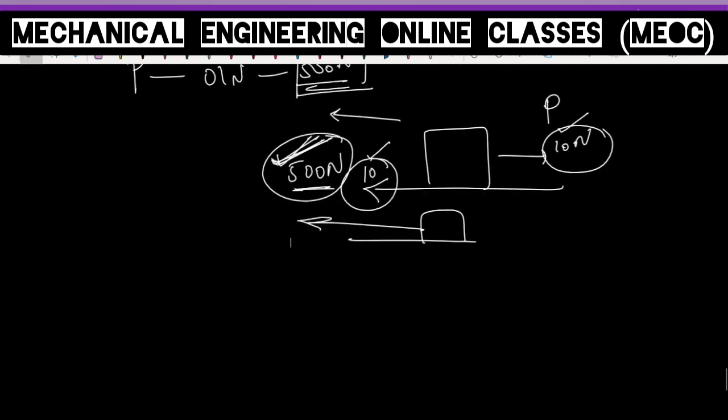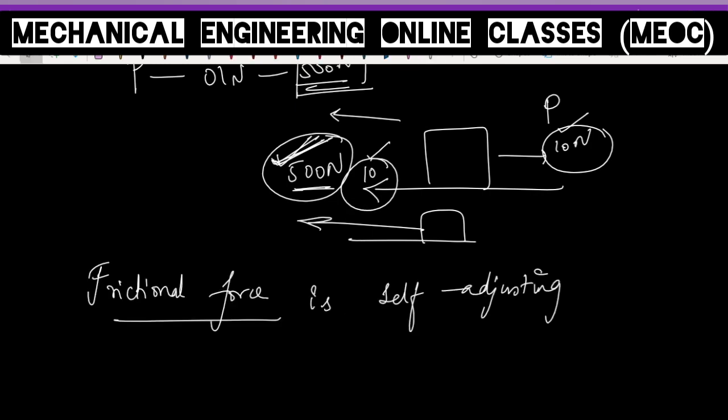So what we can conclude from this is that frictional force is a self-adjusting force. It has a remarkable property of adjusting itself in magnitude equal to the applied force P until its maximum level is reached, because the frictional force cannot go to infinity. We have already seen that the reason for friction is the roughness of the surface or the adhesive property of the surface, so it cannot be infinite.